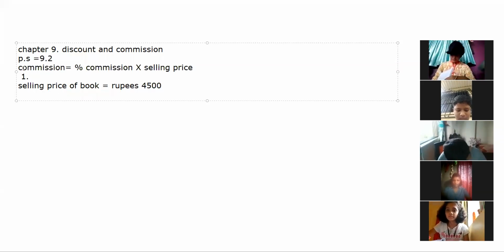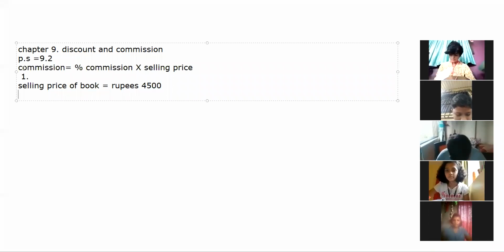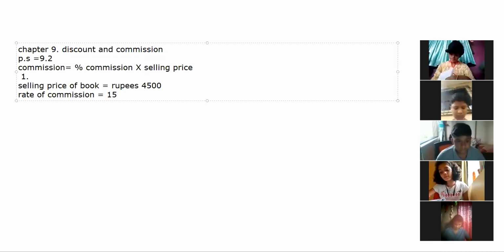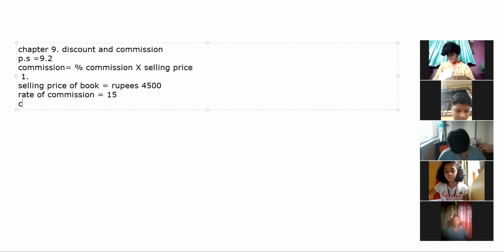Now rate of commission. See, rate of commission is also provided in the question itself. Rate of commission is 15. Now commission obtained. They had told you to find out the commission, so you have to use the formula which I had told. Commission is equal to what, beta? Percent commission into selling price.